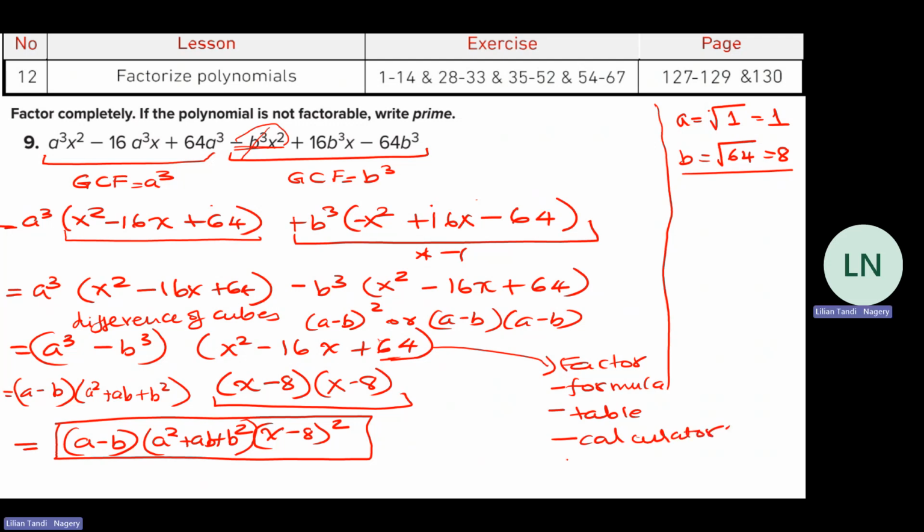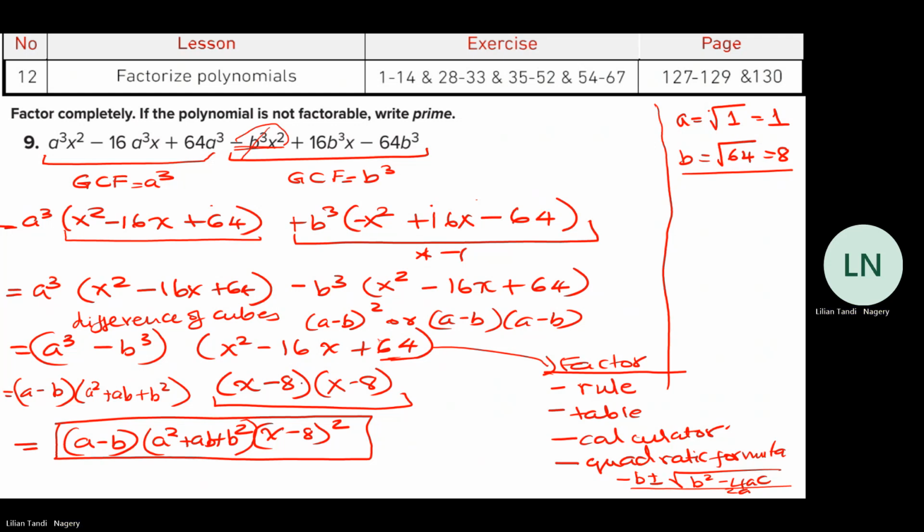You can use quadratic formula, the one that says negative b plus or minus the square root of b squared minus 4ac, over 2a. You have a choice of how to factor it. So me, I use the rule. Actually, I should not write formula here. This should be rule. Perfect square rule. I don't know what's the rule name. That rule. Yes, when you square.